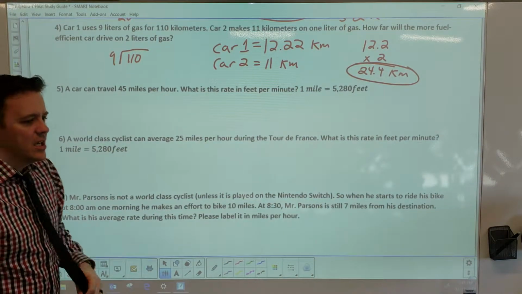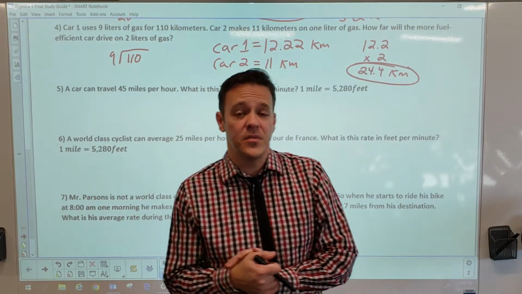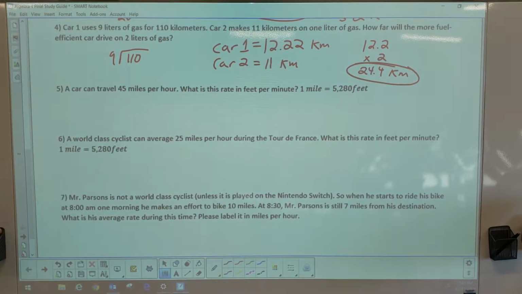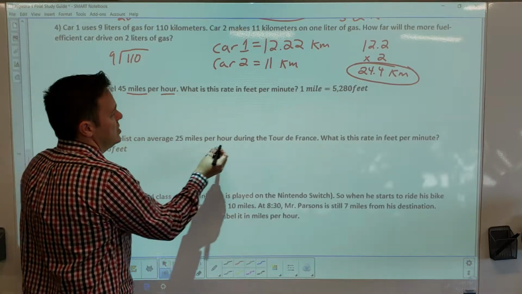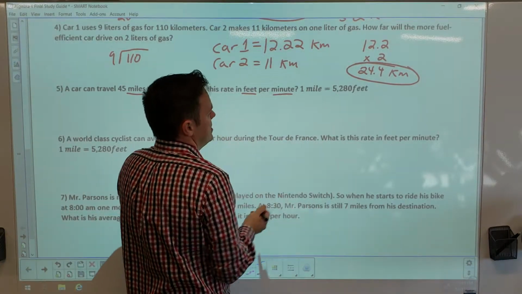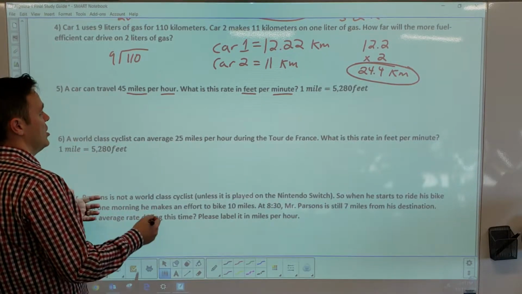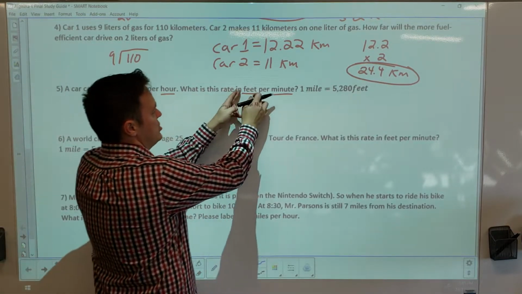Number 5, conversions. We really didn't do too many unit conversions. Some of you practiced it in biology this year. So with us, it's trying to figure out what we're doing. We're going from miles per hour to feet per minute, and they give you a scale: 1 mile is 5,280 feet. First, we're going to change miles to feet.